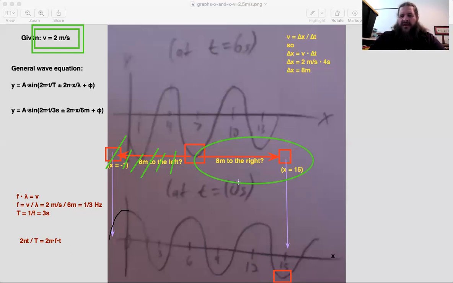We know that in the next 4 seconds, that trough has to move 8 meters. And oh, look, here's another trough that's exactly 8 meters away. So that means these two troughs are really the same trough. That is, this trough has moved 8 meters to the right to get from x equals 7 to x equals 15 during those 4 seconds. So I think we can say that this wave is moving to the right.